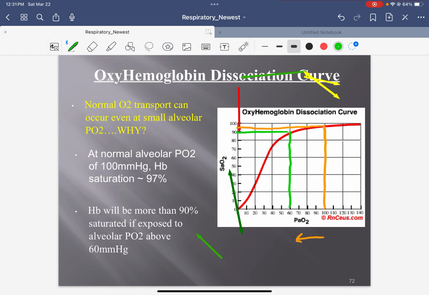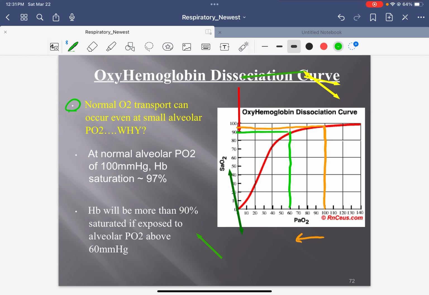So this curve shows us that even if we have a drop in oxygen, we can still have a pretty high saturation of hemoglobin. Normal oxygen transport can occur even with a pretty significant drop in oxygen.